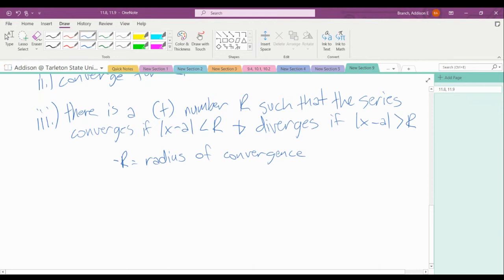So essentially what the radius of convergence states is how far away from a you can get for your series to still converge. And then we also have what is called our interval of convergence.